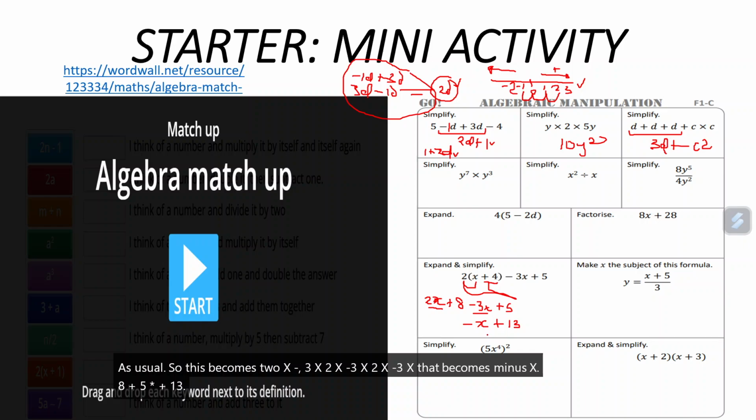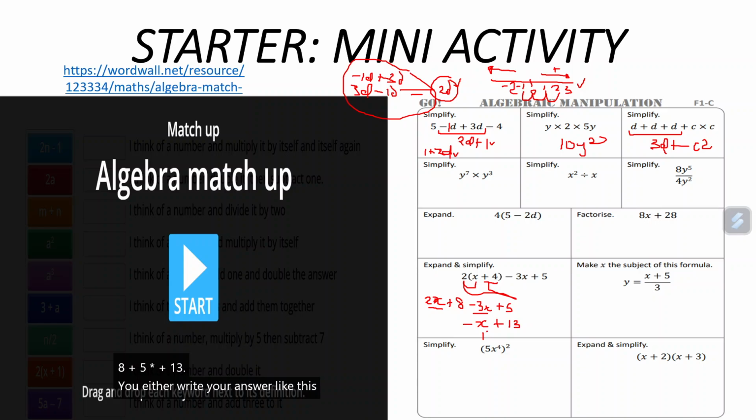You either write your answer like this or this way. They are all correct: 13 minus x is correct, or this.